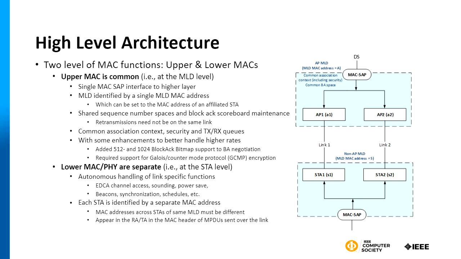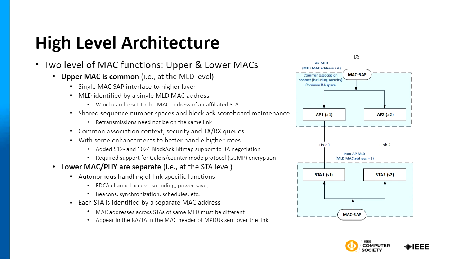We additionally added some enhancements to better handle the higher rates that came due to the PHY enhancements we discussed, and also due to the increase in the number of links. Up to 11AX, we had up to 256 block bitmaps in block sessions.